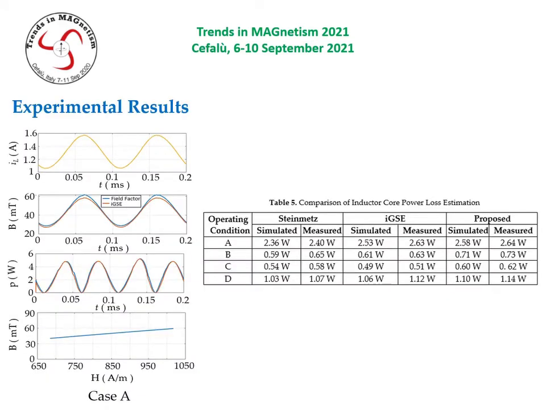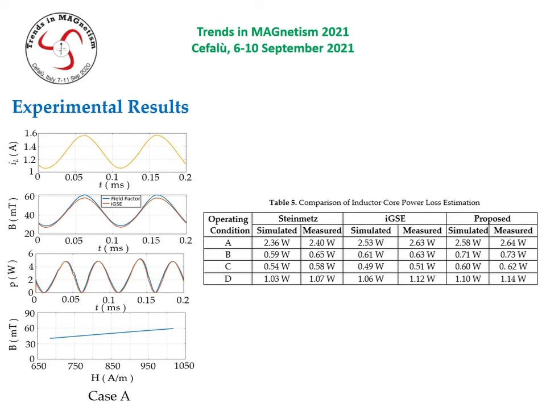So here are summarized the results obtained. On the left you can see case A. In particular, you can see the current sensed on the inductor, flowing through the inductor, IL. You can see then the magnetic flux density, which has been computed online, so in a time domain manner. In particular, you can see two traces. The blue one is related to the field factor approach, so the proposed approach, while the red one is using the improved generalized Steinmetz equation approach.